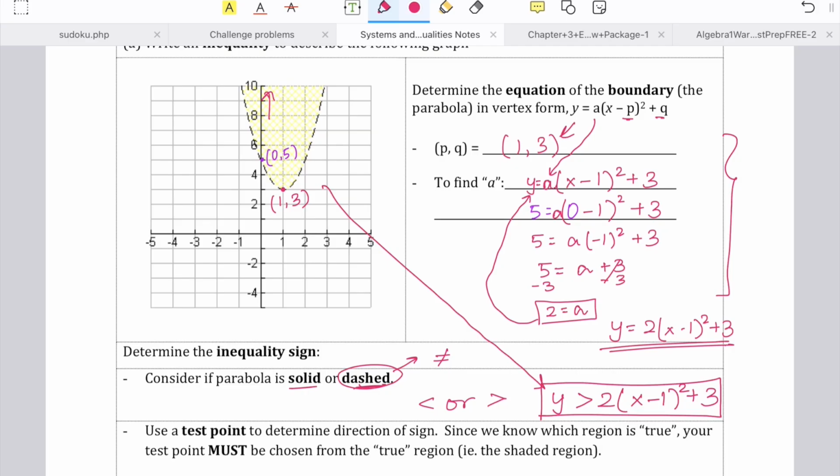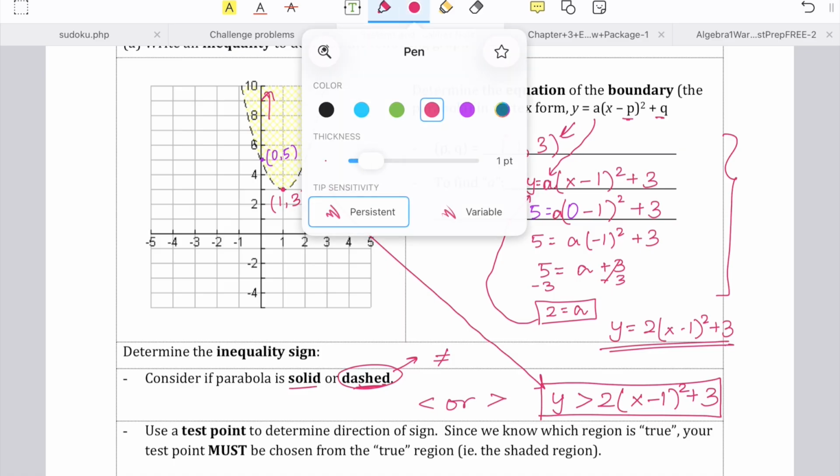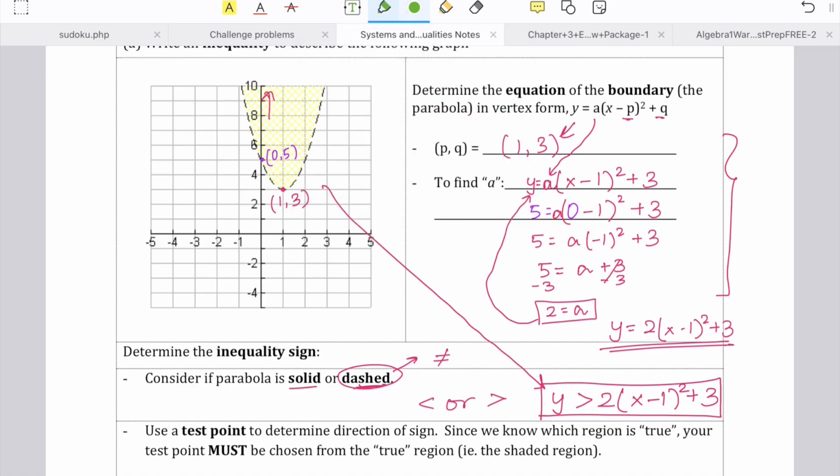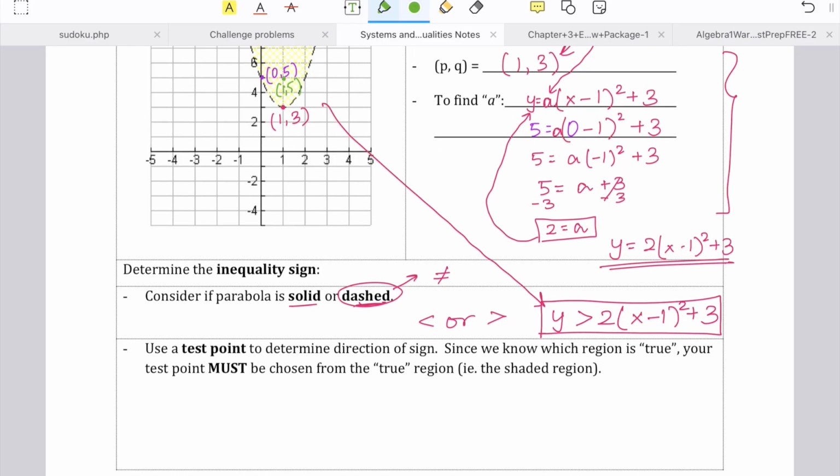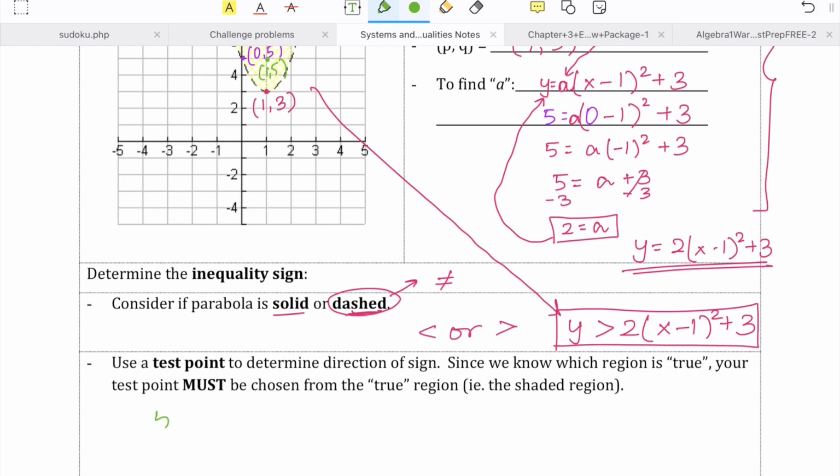So now we need to use a test point to figure out if it is true or not. I can use any test point. Let's do this one, 1, 5. So let's put it in the equation. y is 5, 2 times (1 minus 1) squared.